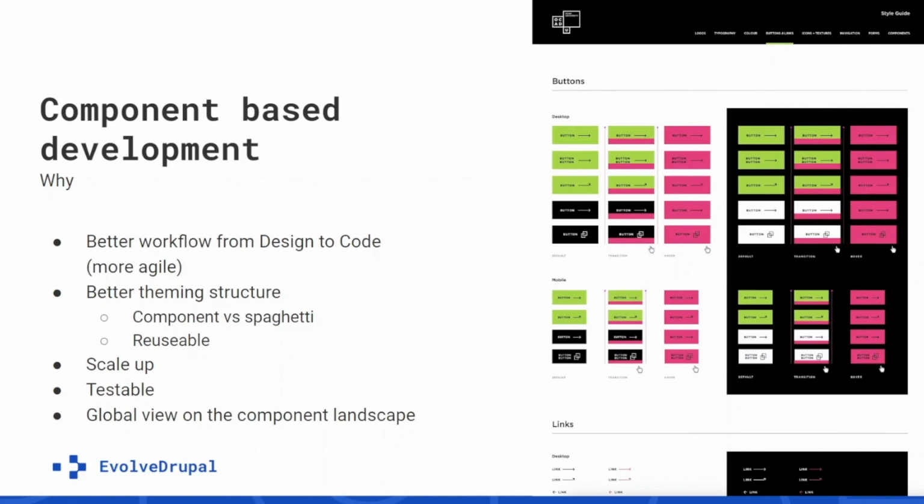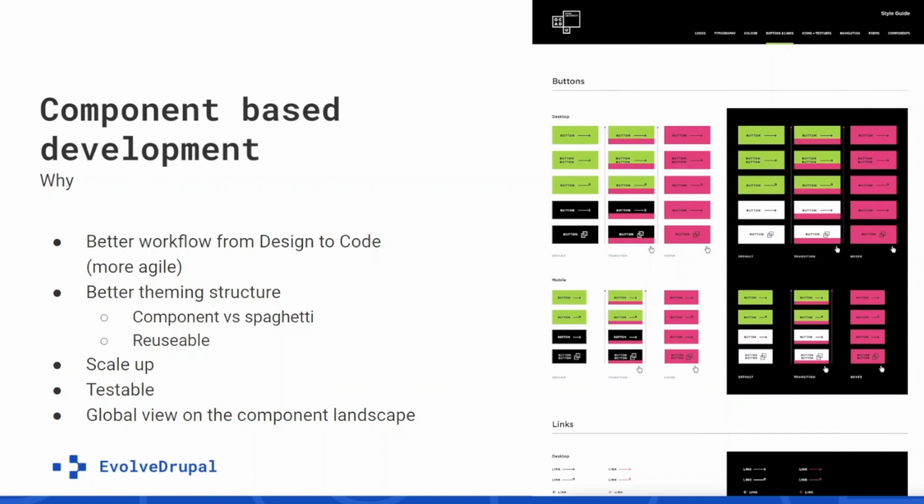And the last point, I think the most important, is that it provides a global view of what kind of components we have in our system. On the screen is a list of all the buttons that we developed in one of our projects. Looking at it, we see what kinds of buttons, what the states are, and how it looks in dark mode and in light mode.